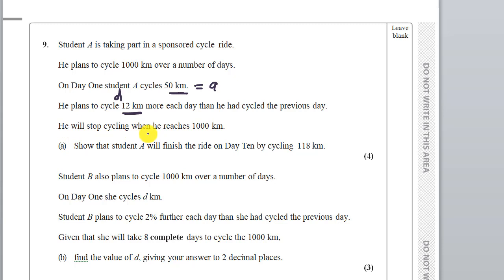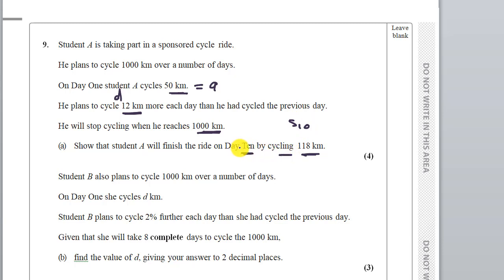He will stop cycling when he reaches 1000 kilometers. So this is the S, the summation. Show that student A will finish the ride on day 10 by cycling 118 kilometers. So now he said that he will finish by day 10. So we need S10.